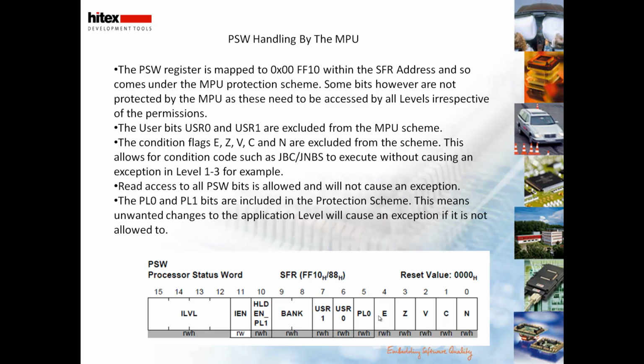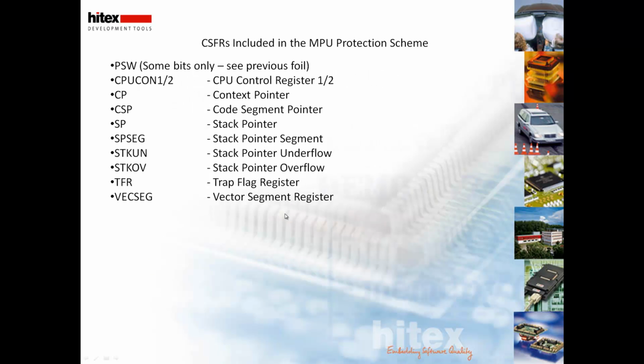So we don't want those covered within the protection scheme, and similarly the ILVL bits, we don't want those covered either. So the bits that are covered are bit 10 and bit 5, and the bits which are excluded are the flag bits. We can read all of the bits from here without any issue, but trying to write bit 10 or bit 5 can cause us some problems.